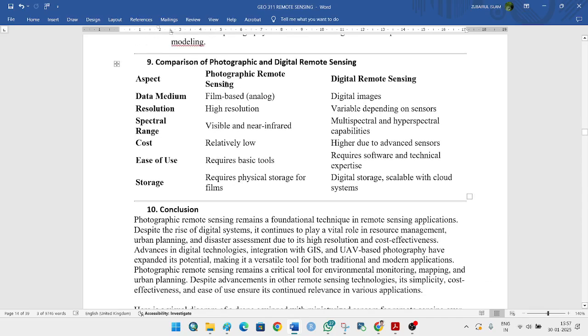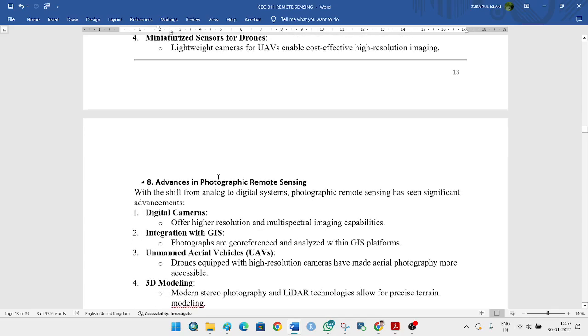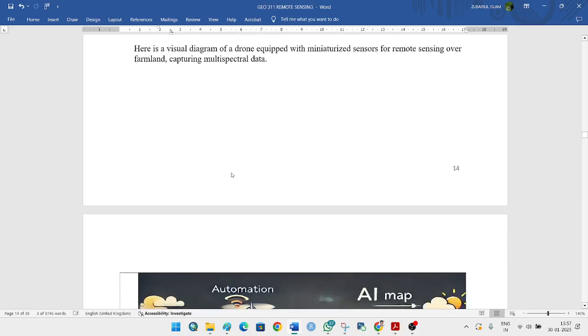I will suggest you read all these things, and you can have an idea of how photographic remote sensing is helping students of geography, because the core objective of geography is to study the surface of the earth and the areal differentiation on it, which can be achieved with the help of photographic remote sensing. Now we'll move to the next chapter.